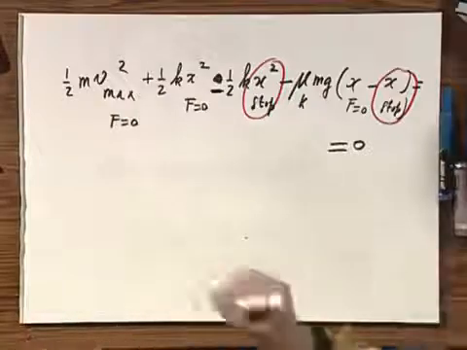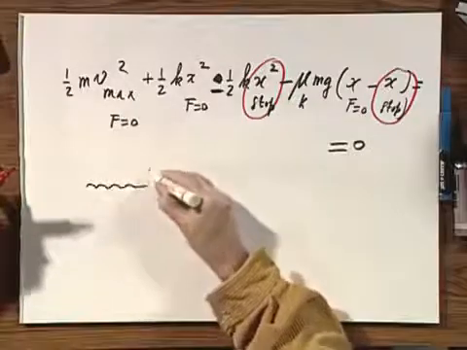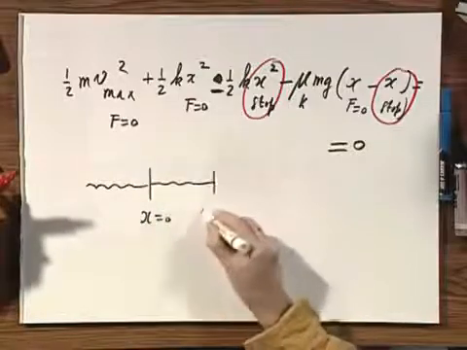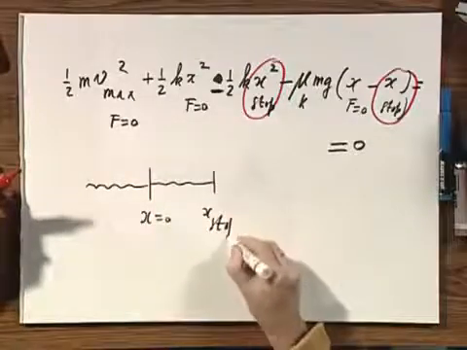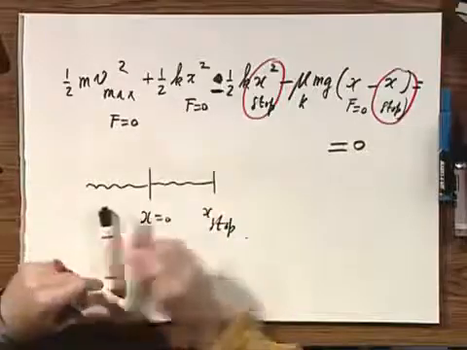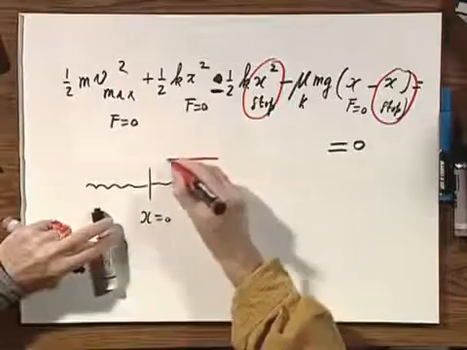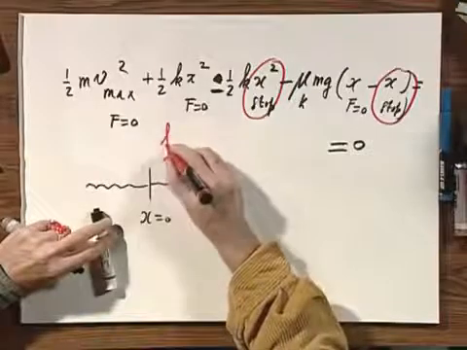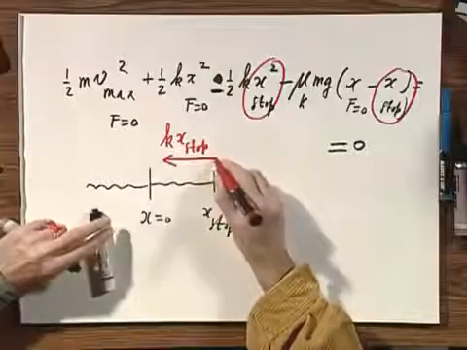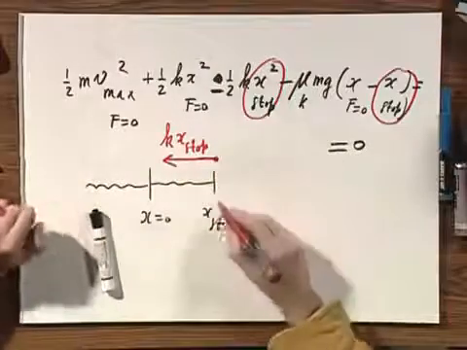What will be the situation when it comes to a halt? Here is x equals 0. Here is x stop, which we know is on the right side of x equals 0. At this moment, there will still be a spring force, and the spring force will be k times x stop. And so what now will be the situation with the frictional force?